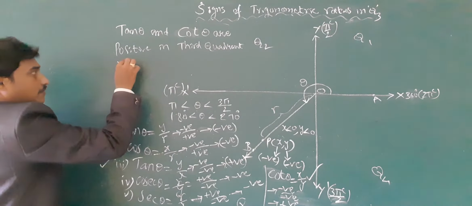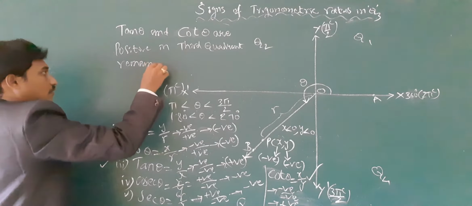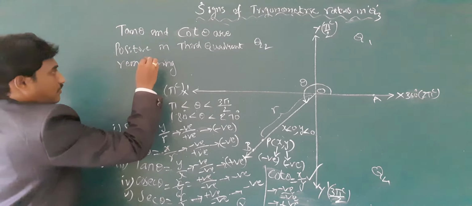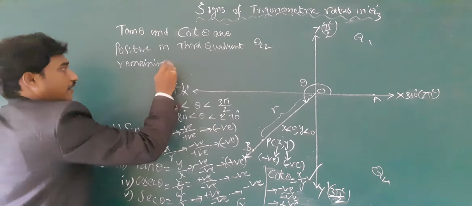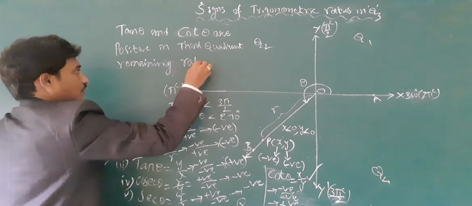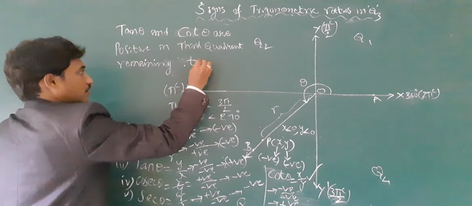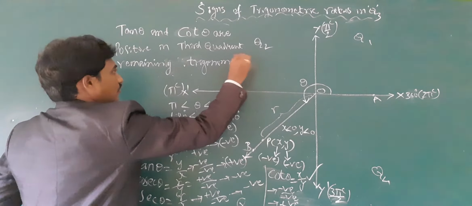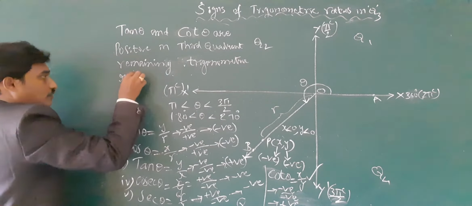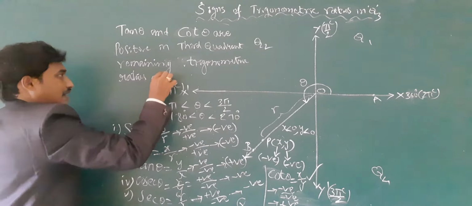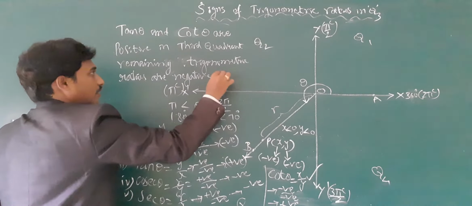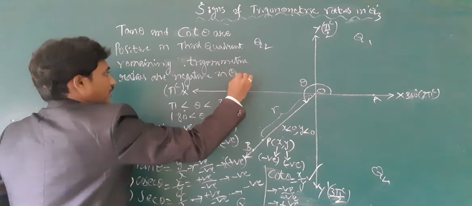The remaining trigonometric ratios are negative in Q3, the third quadrant.